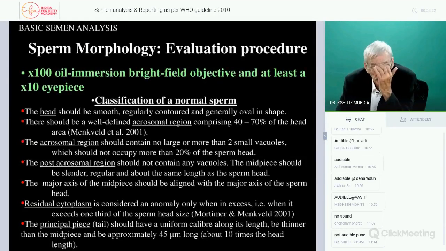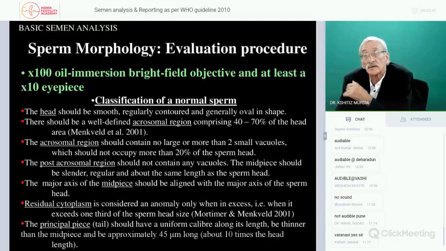I think, for the first time in the history of sperm morphology, we have criteria that you can go back to and say, is this an acrosomal defect? Is this a mid-piece defect? Is this a tail defect? Because the criteria say coiled tails, abnormal mid-pieces, and irregular head shapes are abnormal.